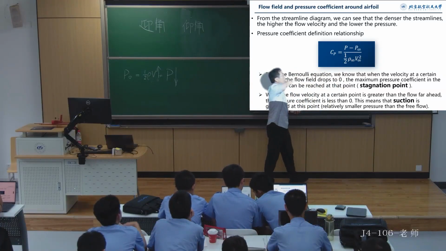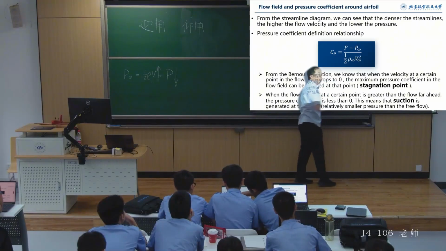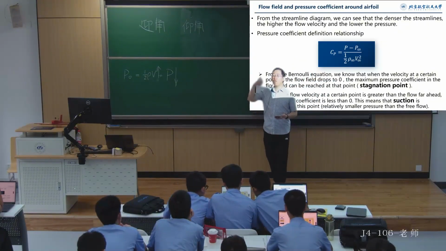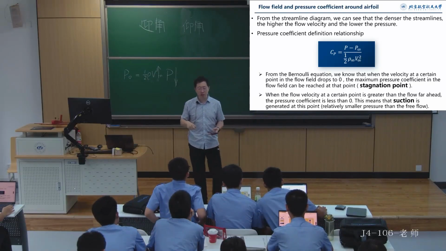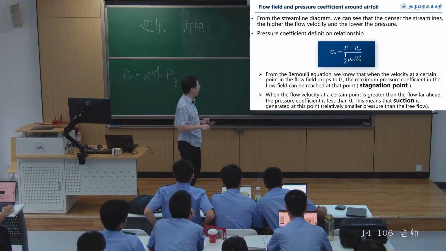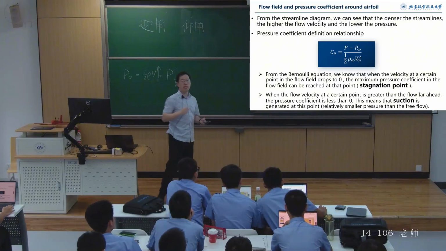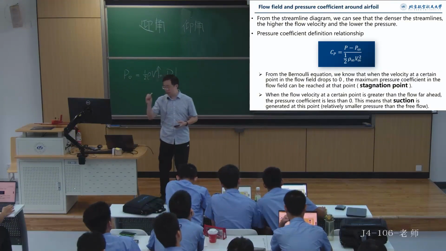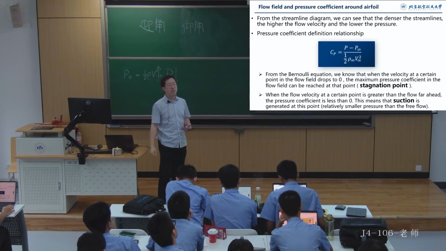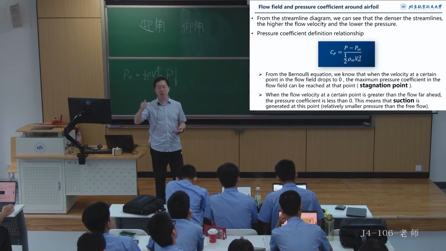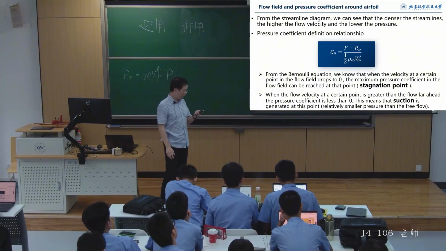The local pressure being lower than the free stream pressure means it should be a negative value, right? So, when it comes to the pressure coefficient, it should be a negative number. This region, then, is referred to as a suction area. With this concept in mind, we can use it to observe the flow field around the entire airfoil and understand how the forces are distributed.